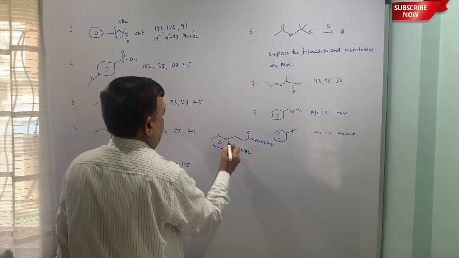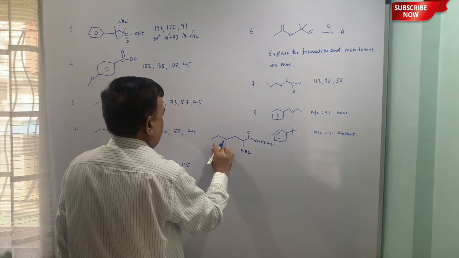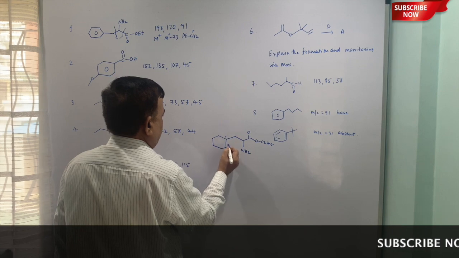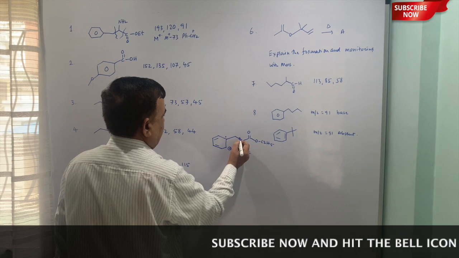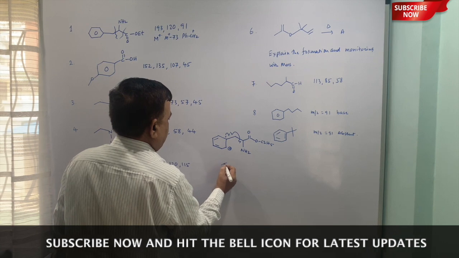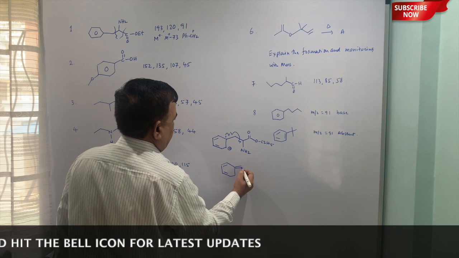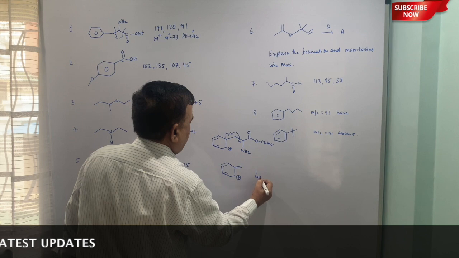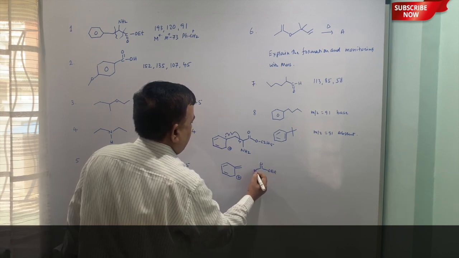So if you put radical cation here, so let us put radical and cation here and the remaining two ones, and then break the chain here, so it will be this, and then you get NH2, COOEt, a radical here.